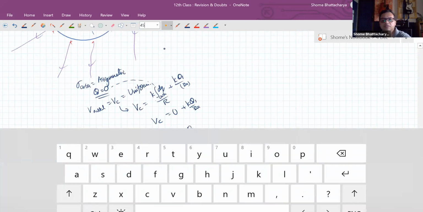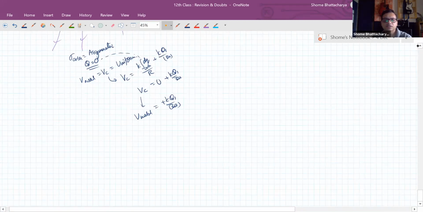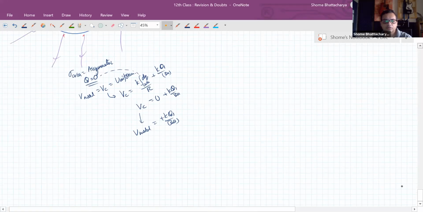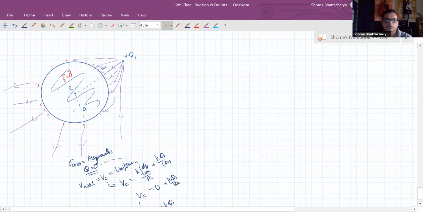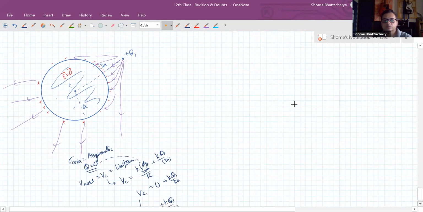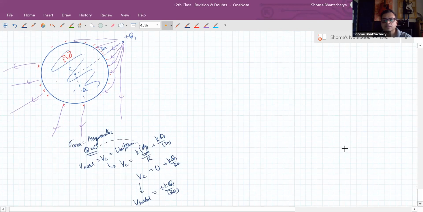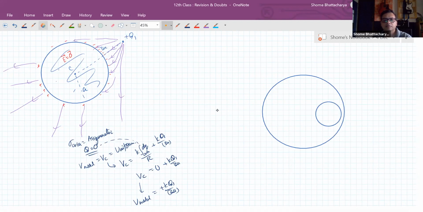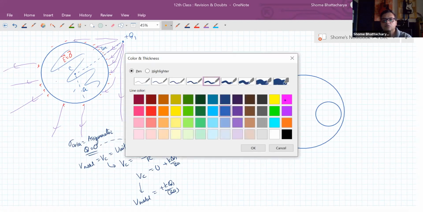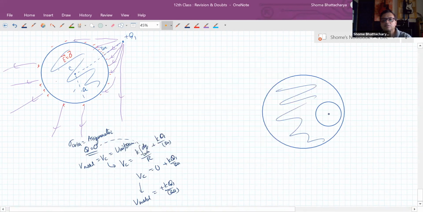Okay. Now we can compare this situation with the situation where there's actually a cavity. You'll see the cavity makes no difference at all. So now this is my event B as far as that system was concerned. I have the solid metallic sphere with the cavity.